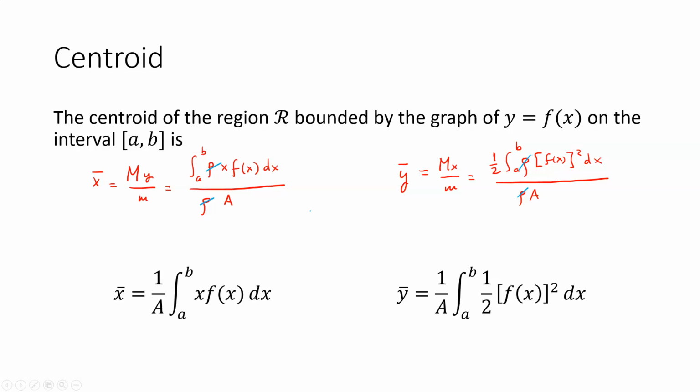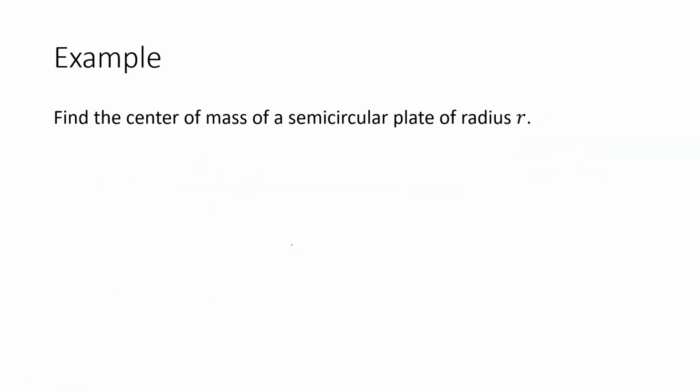Let's try this out with an example. Find the center of mass of a semicircular plate of radius r. So I'm going to draw my semicircular plate of radius r, which can be given by the equation y equals the square root of r squared minus x squared.